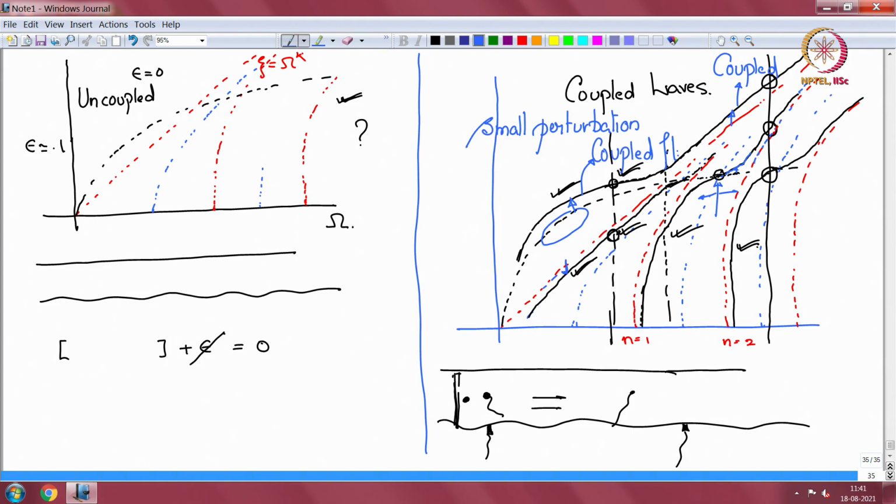And I will refer to the region based on frequency. So here I will call it coupled flexural wave below coincidence. And this I will call the coupled flexural wave above coincidence, between the first and second rigid duct cut-ons. So I will use this language.